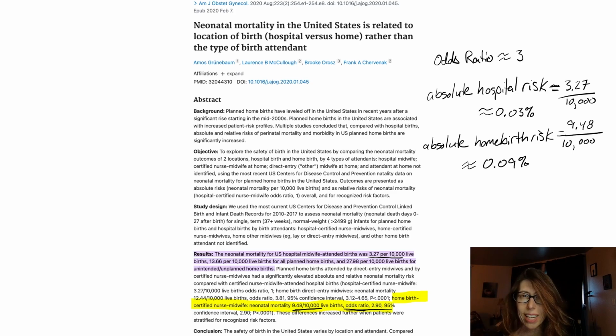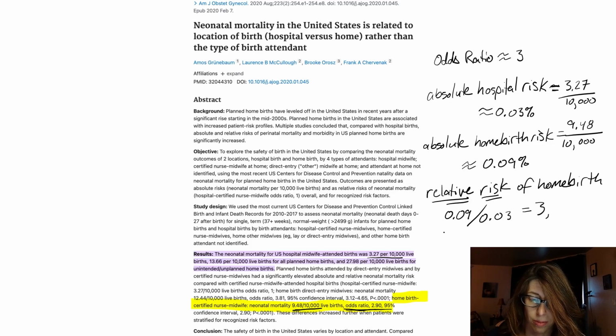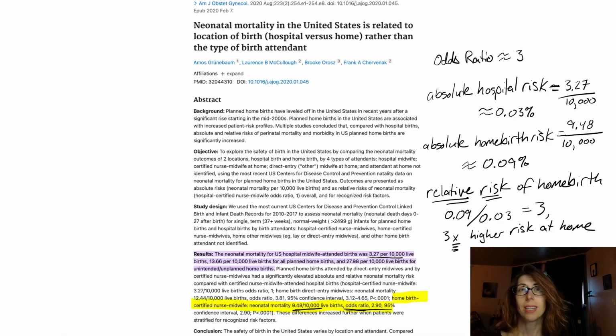Now, in relative terms, 0.09 is 3 times higher than 0.03. But in absolute terms, the risk increased only 0.06% because the difference between 0.03 and 0.09 is 0.06.